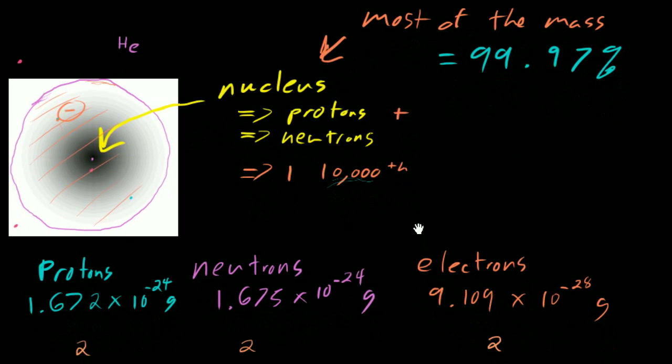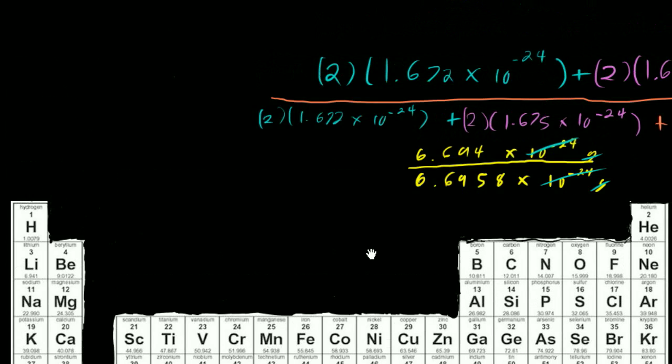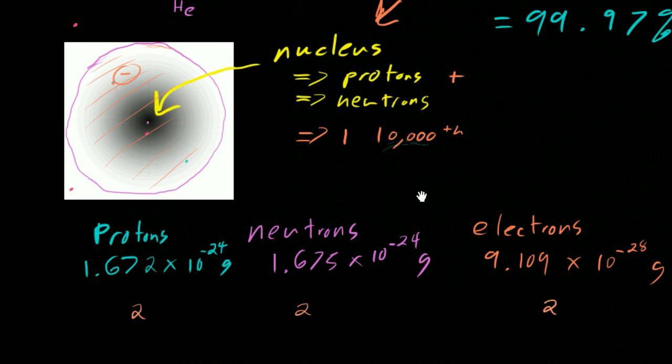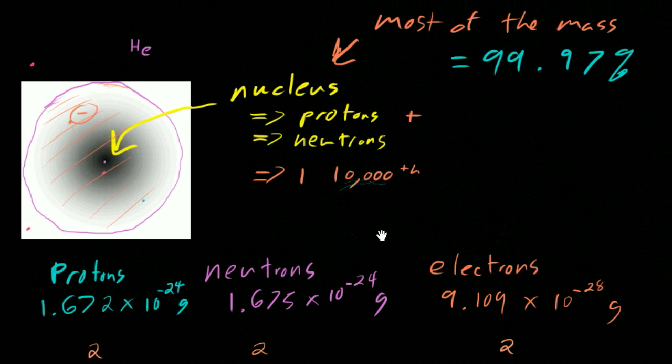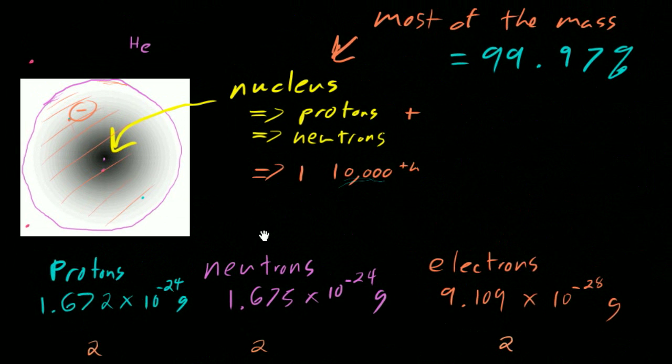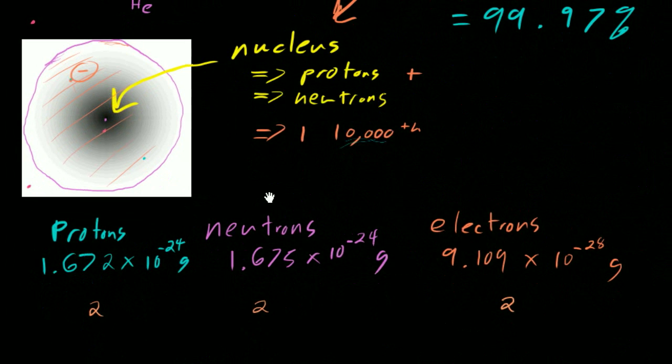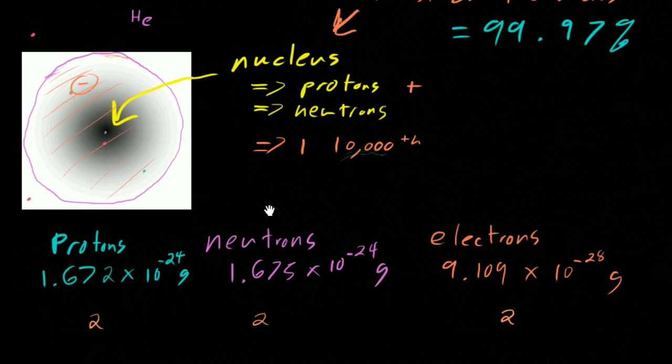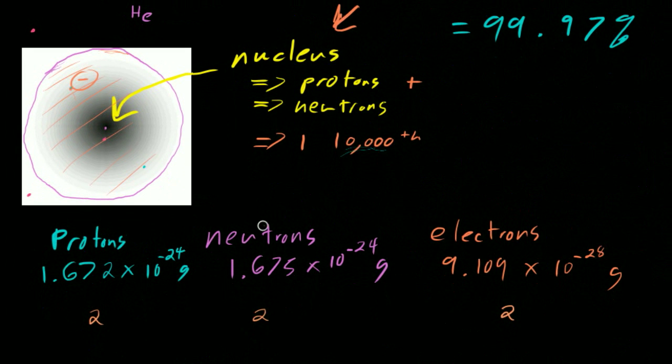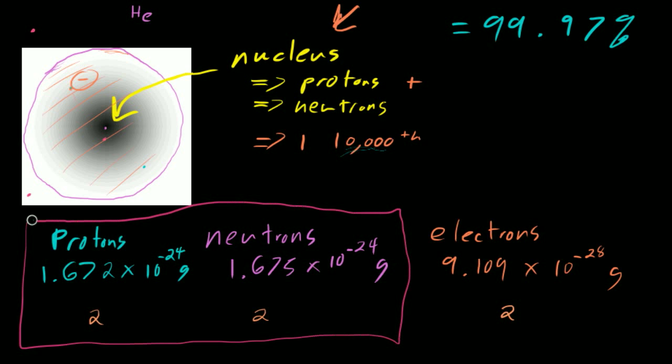What I'm hopefully going to show you in this video is that when we consider the mass of pretty much any atom, we're really only going to consider the mass of the protons and the neutrons. We're not going to consider the mass of the electrons.